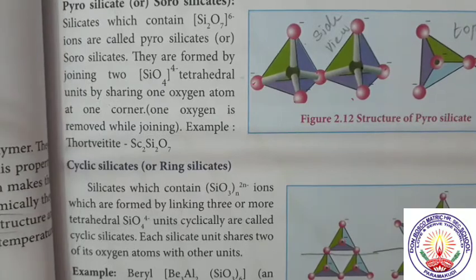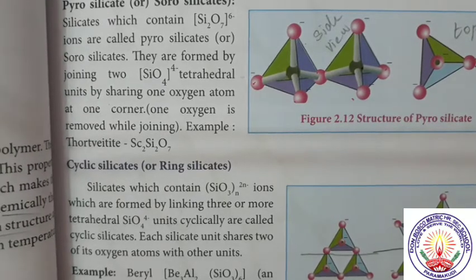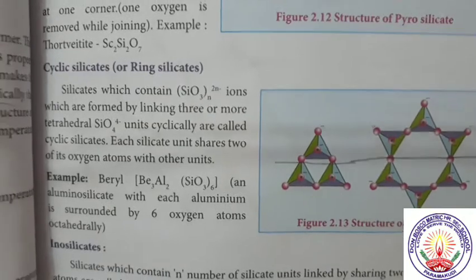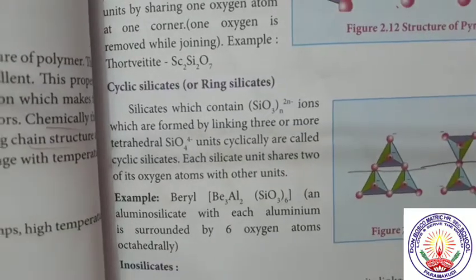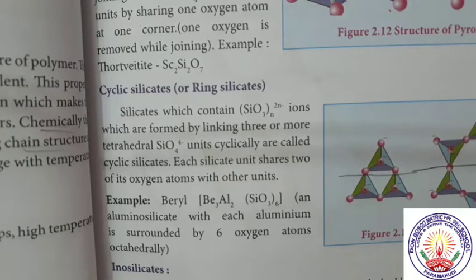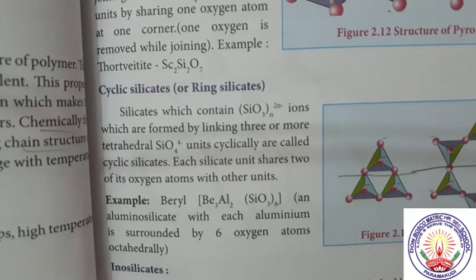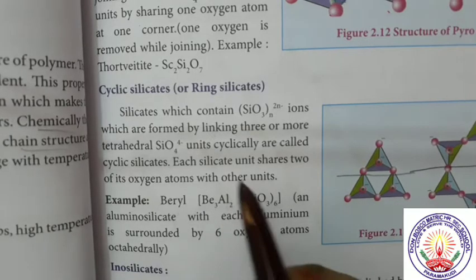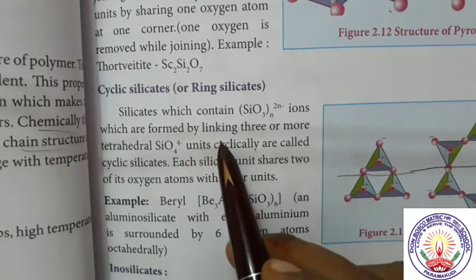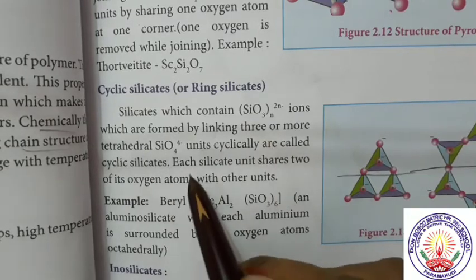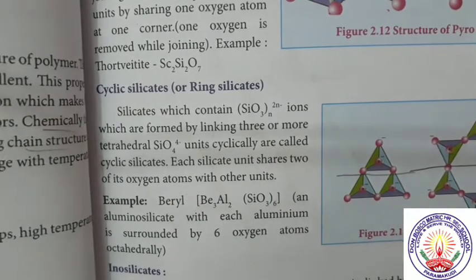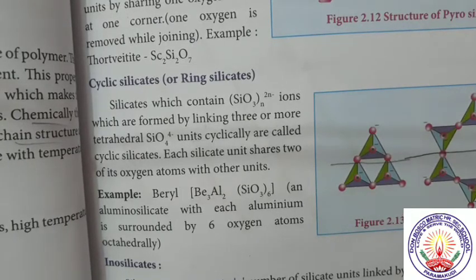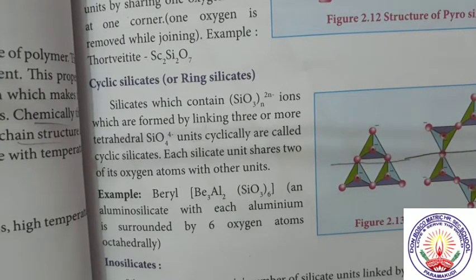Next we shall see cyclic silicates. These cyclic silicates are called ring silicates. These contain 1 silicon and 3 oxygen, n times. This is linking 3 or more tetrahedra. The tetrahedron is SiO4, so these 3 or more SiO4 are linked.